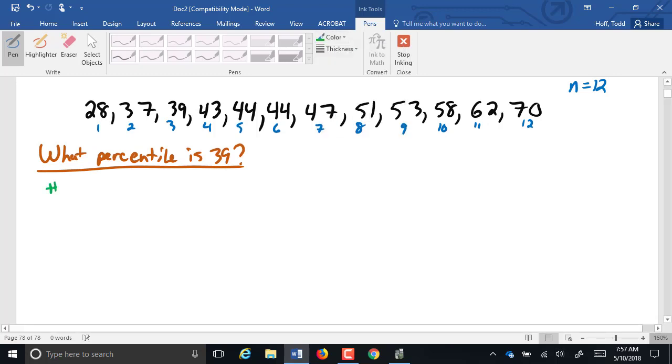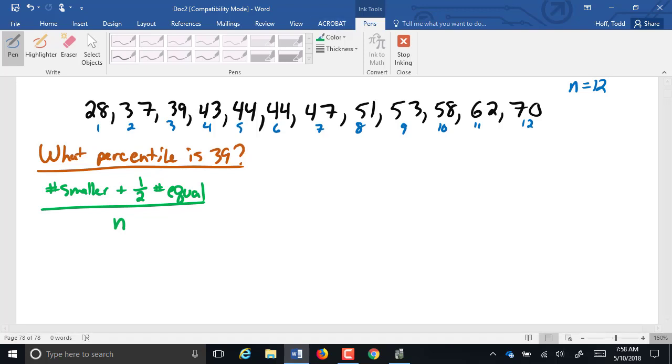It is the number that is smaller, plus 1/2 of the number that are equal, divided by n. That is the total number. Okay, so what does that mean?